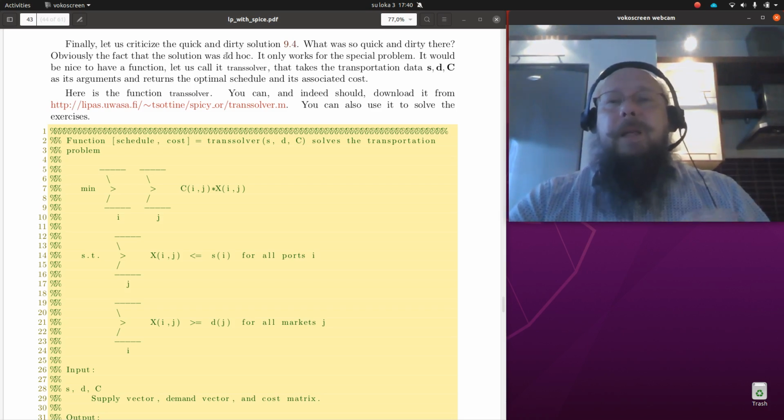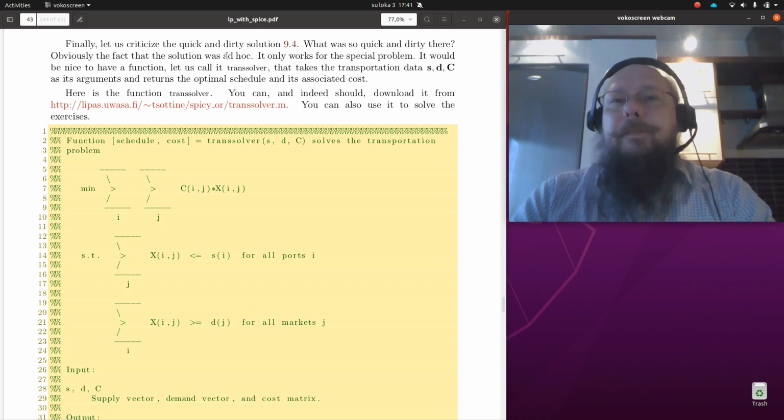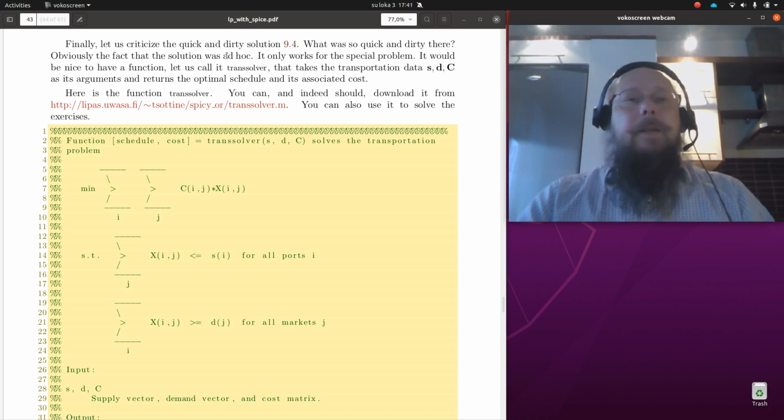So always build the objective function and the technology matrix and constraints from the problem data. Instead, it would be nice to have a function. Let's call it trans solver that does this for us. And indeed, this is precisely what we have next.